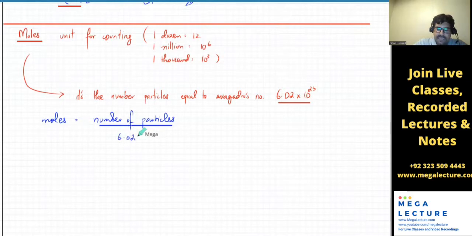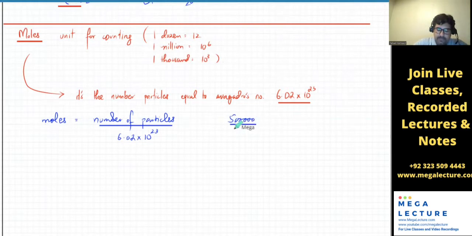This formula is equivalent to conversion into any unit. If I have 72 and want to convert it into dozens, I divide it by 1 dozen, which is 12, so I've got 6 dozens. If I want to convert any number into any particular unit, I just divide it by the unit. To convert this number into thousands, all I need to do is divide by 1,000.